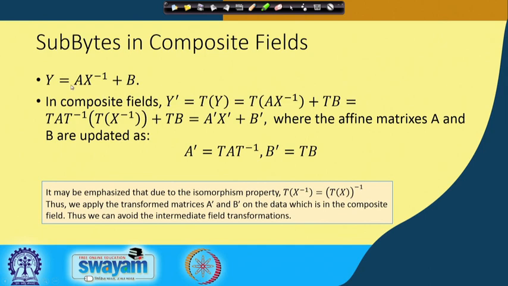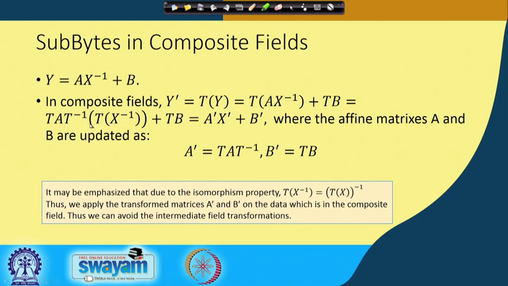If I apply the transformation from GF(2^8) to the composite field, say GF((2^4)^2), by the mapping or the matrix T, then essentially we know that y' = T y. So, we apply T on both sides of this equation. We get T A x^-1 + T b, that is, T has been applied to both A x^-1 as well as b. Now, we can easily write T A x^-1 as T A T^-1 multiplied with T x^-1.